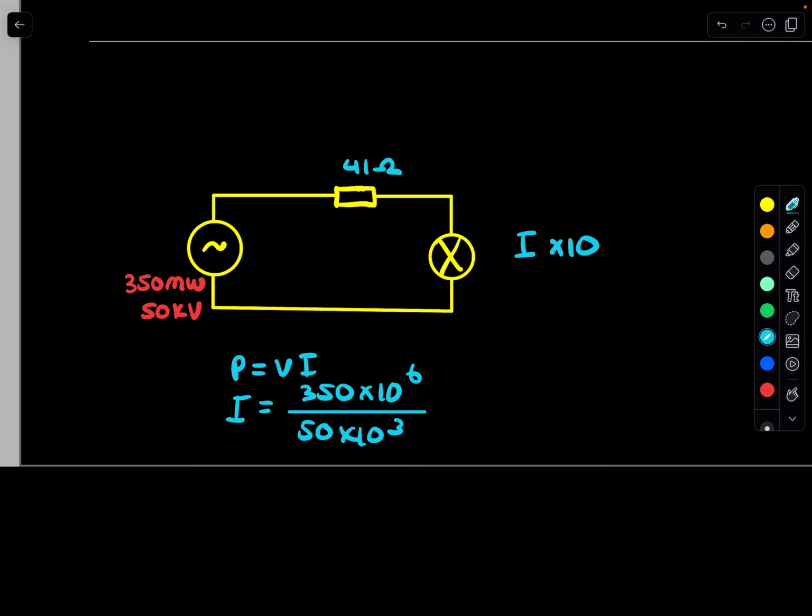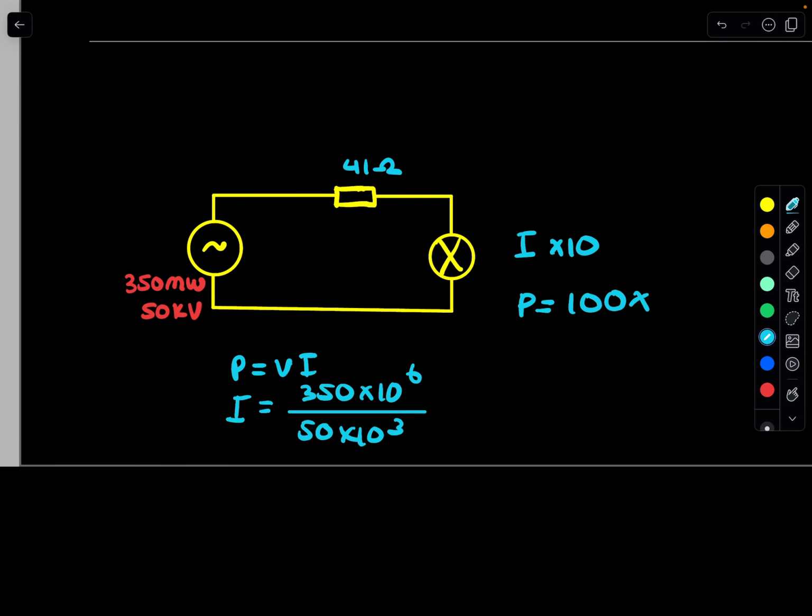Remember, when current increases, what happens? The power loss in this transmission line also increases very badly. It's squared. So if your current is times by 10, your power loss, because you just square it, is going to be 100 times.